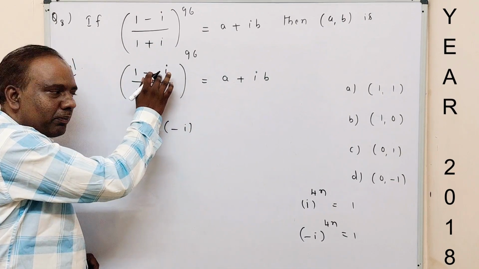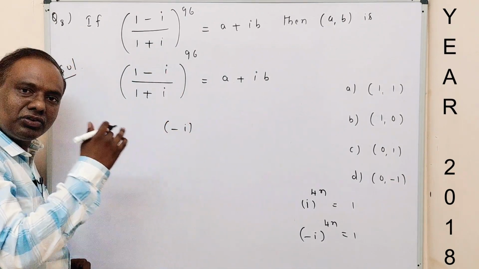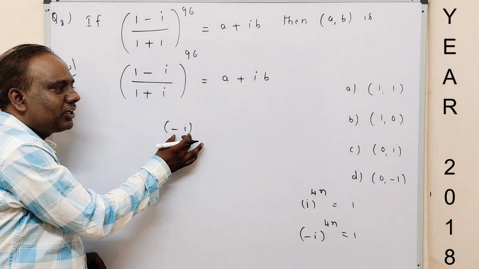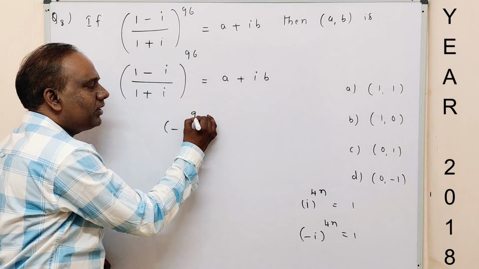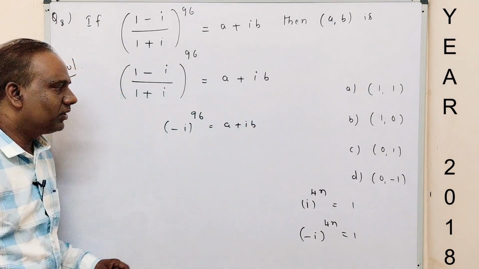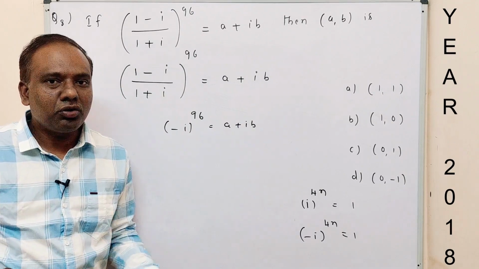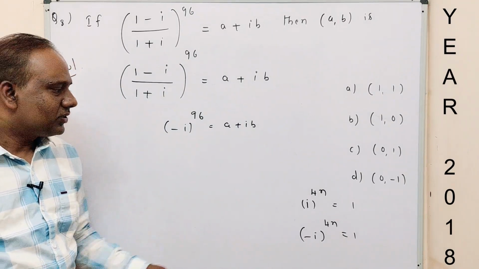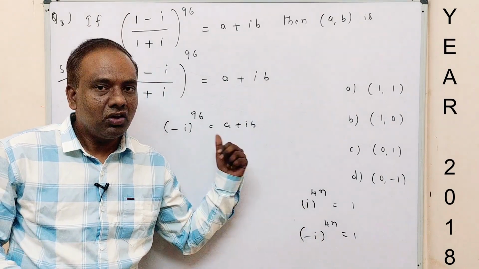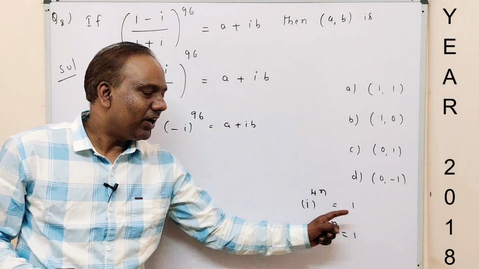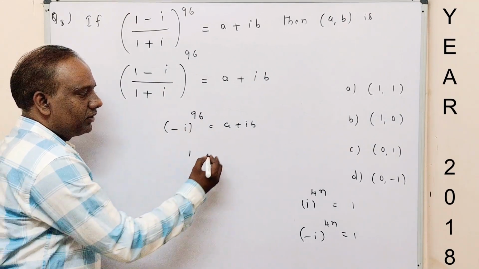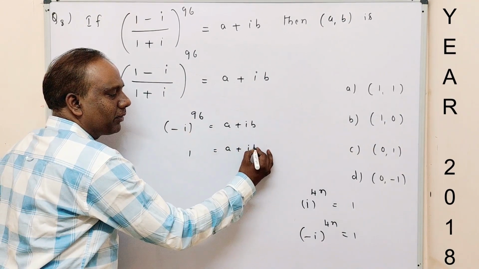Here it is plus i, the simplification value is plus i only. So it is minus i, now you take directly (minus i) whole power 96 is equal to a plus ib. Here 96 is a 4 multiple. So i power 4 multiple and (minus i) power 4 multiple, those values are 1 only. So this value 1 is equal to a plus ib.